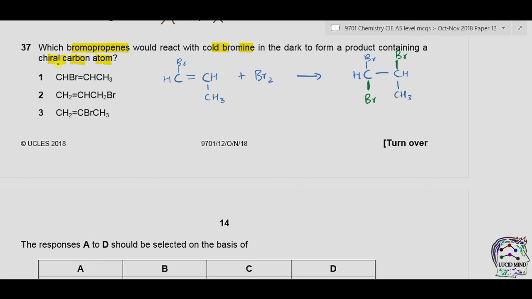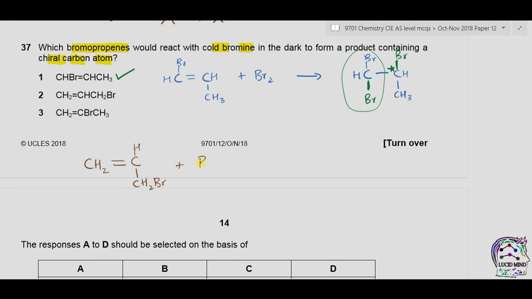Now chiral carbon is that carbon that has 4 different elements or groups attached with itself directly. So we can see this carbon is bonded to one hydrogen, one bromine, one CH3 and one this. So therefore this is chiral carbon. Second one is CH2 double bond CH and we have CH2Br.